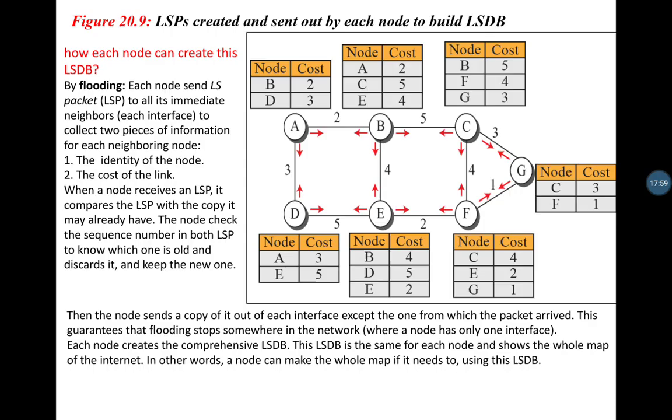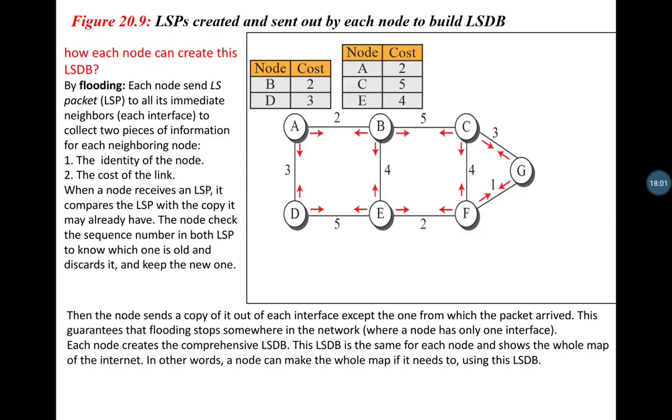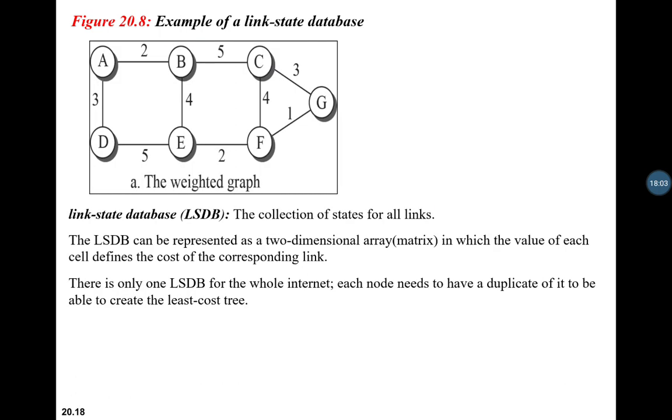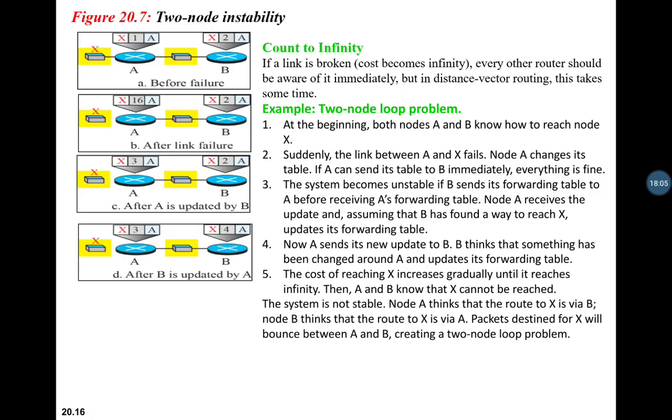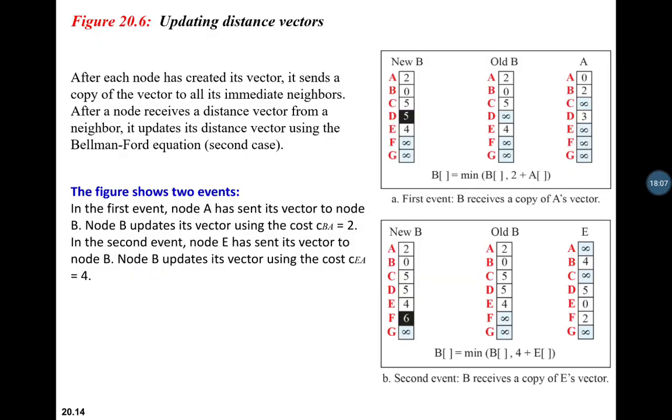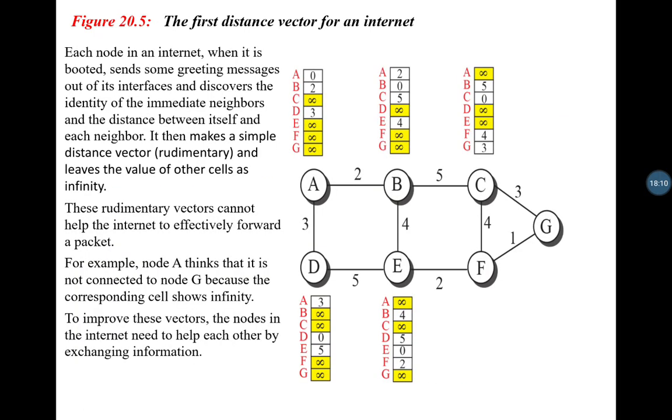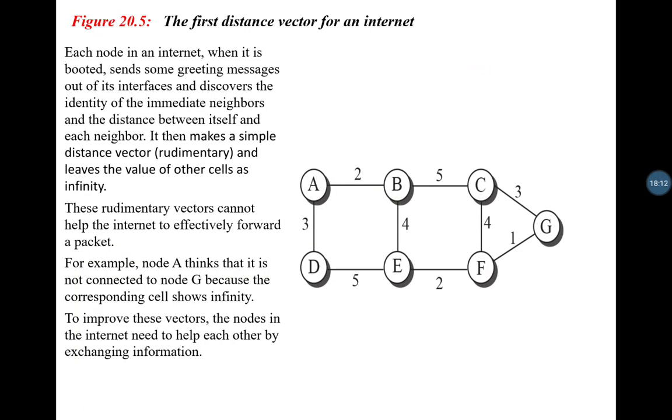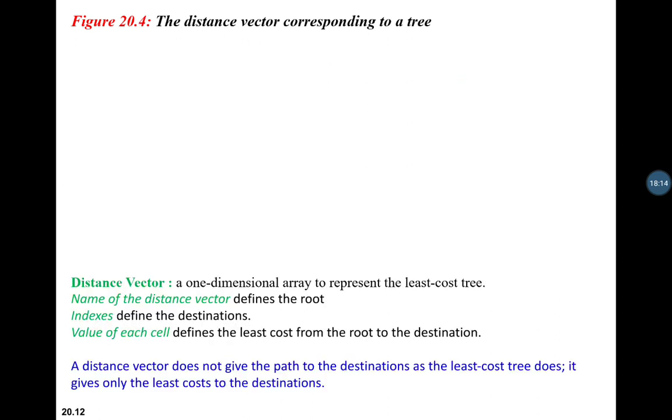and also the least cost tree values. So whatever we have seen so far: first we started with the general idea, then we moved to least cost trees and the least cost path.